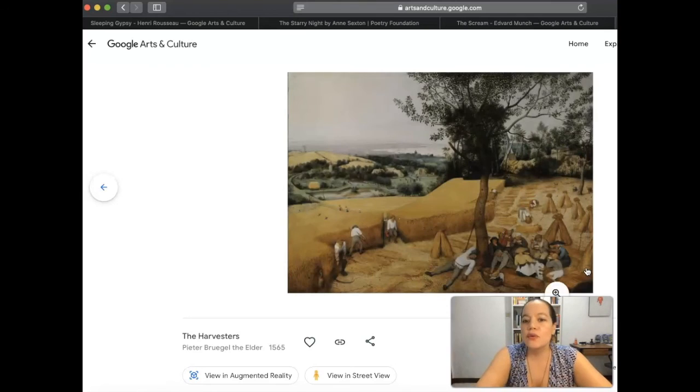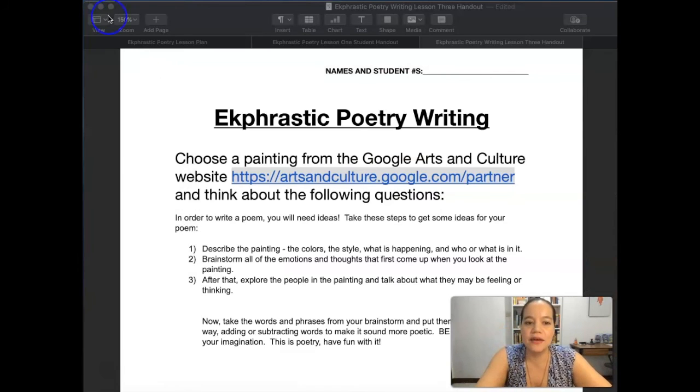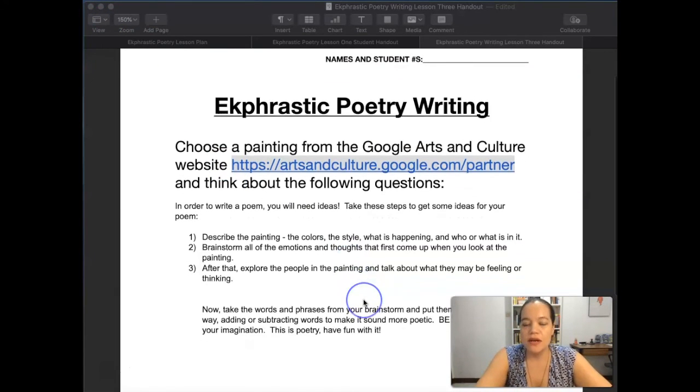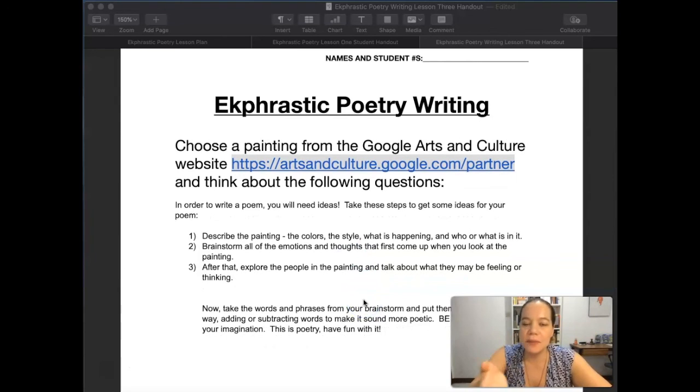So no matter which museum they choose, there will be many paintings in each one, and they can choose anyone they like and then use that painting to inspire them to write a poem. So they should describe the painting and brainstorm everything that comes up, and then take the words and phrases from the brainstorm to put them together in a poetic way.